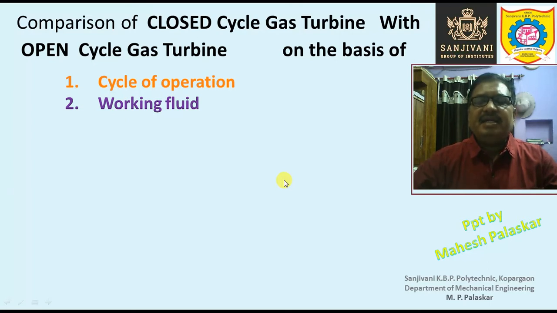But at the end, this air is exhausted to the environment. So, in case of open cycle gas turbine, air is the working substance by default.